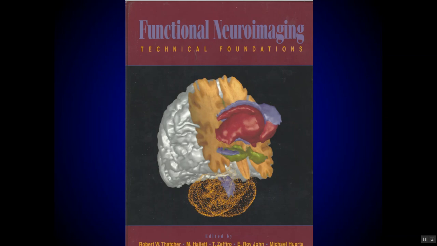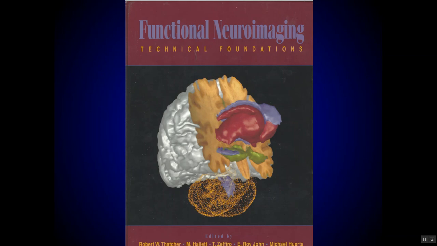And as a consequence, various government agencies from the Department of Commerce to the National Science Foundation to the National Library of Medicine to various parts of the National Institutes of Health came together, divided up parts of their budget to go towards the Human Brain Mapping Program. And I was proud to be part of that and happy to have worked with my colleagues to organize this large volume in 1994, published by Academic Press.